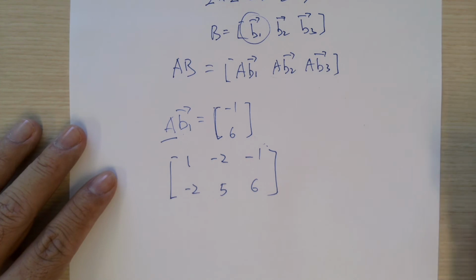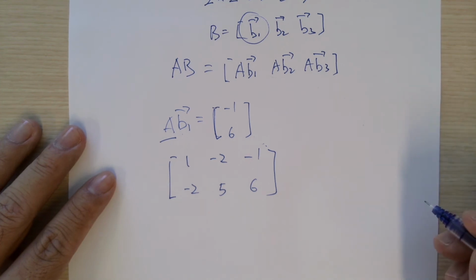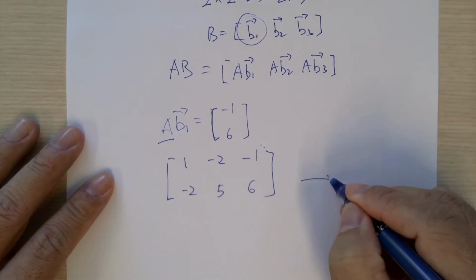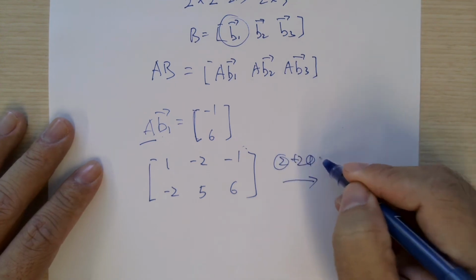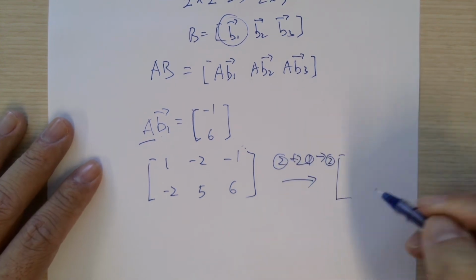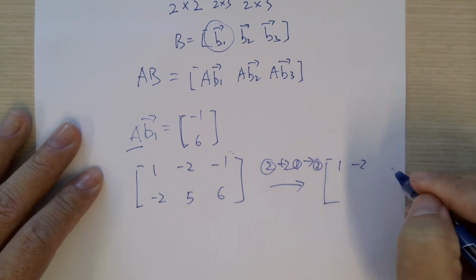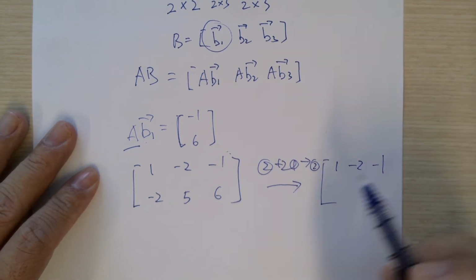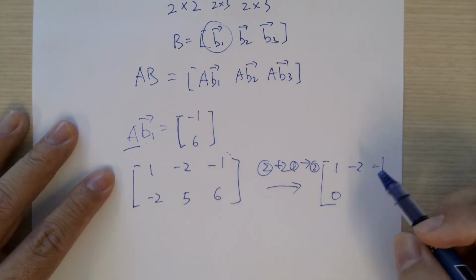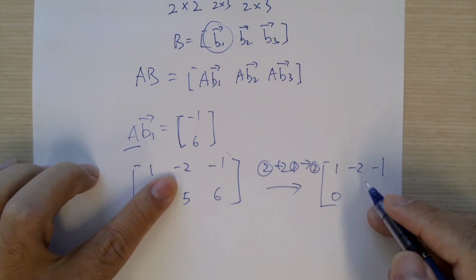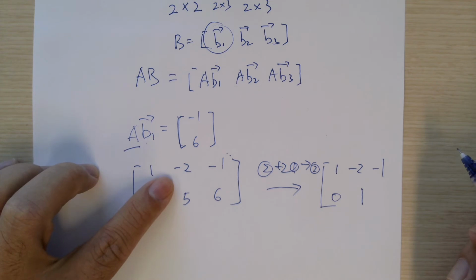We can do a simple row reduction: use row 2 plus a multiple of row 1 as the new row 2. That gives us 1, -1, and this part becomes 0, right? This part becomes 5 minus 4 is 1, okay, good.